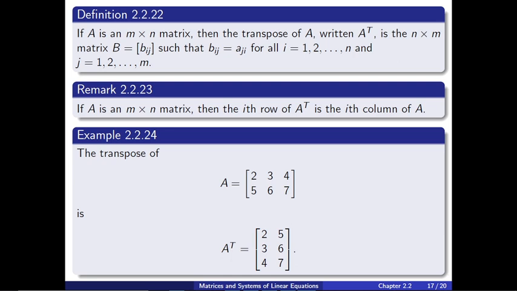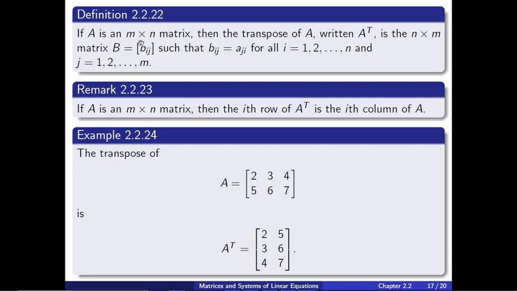Suppose you've got an m by n matrix, then what we call the transpose of A, written A to the power t, so A^T, is the n by m matrix. So when you transpose, you get an n by m matrix.